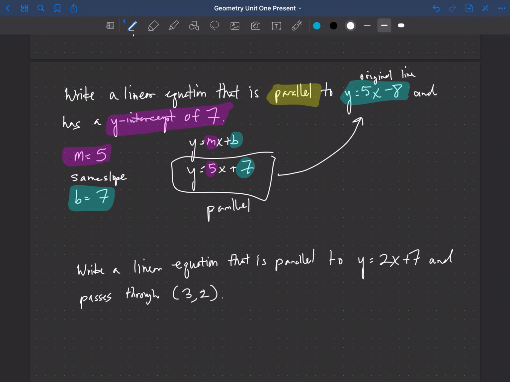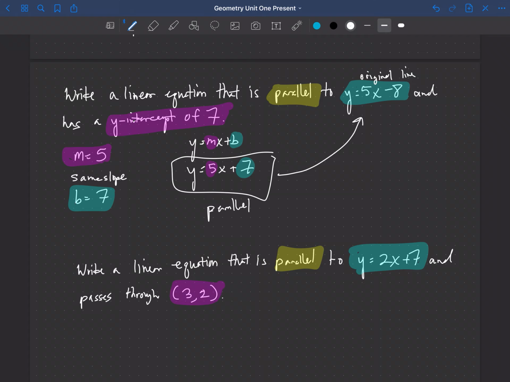Okay. So again, we're going to go back into our problem and highlight all the important information. So I know that it is parallel, and we have our original line. Now instead of a y-intercept, we have just a single coordinate. Okay, let's see how we're going to use that.